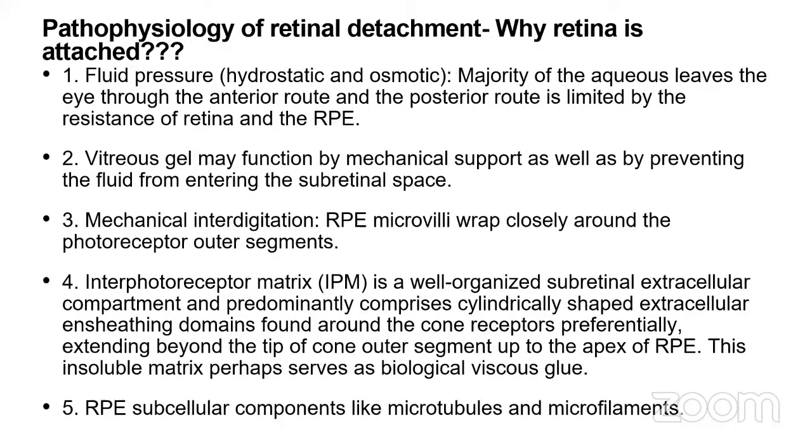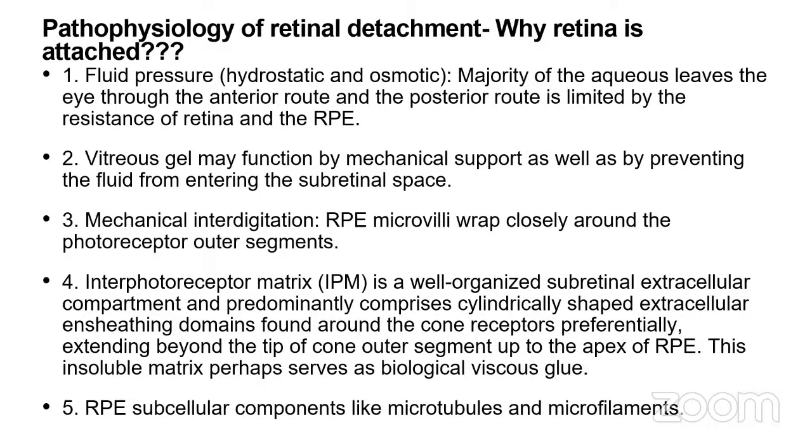So it is an organized subretinal extracellular compartment, predominantly comprising extracellular ensheathing domains found around the cone receptors preferentially. So it is present in the entire subretinal space. This insoluble matrix perhaps serves as biological viscous glue.